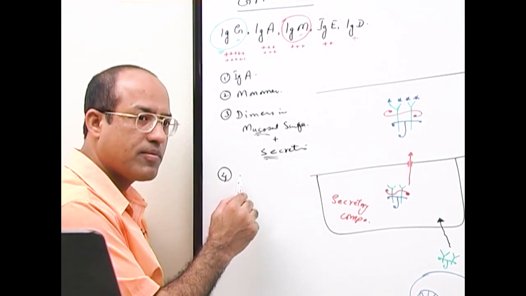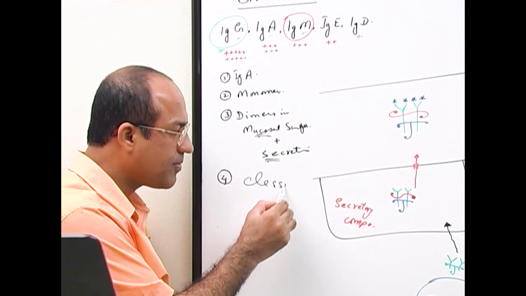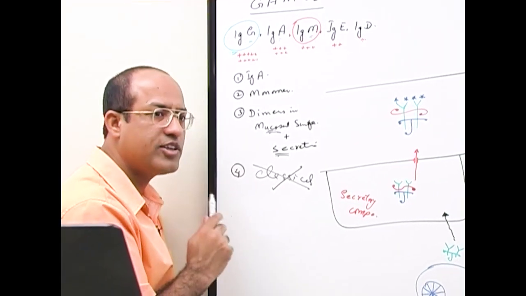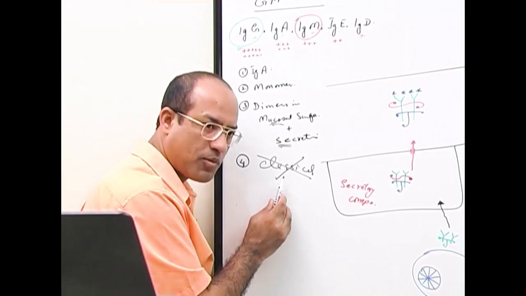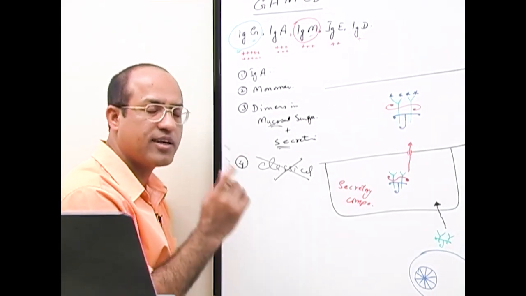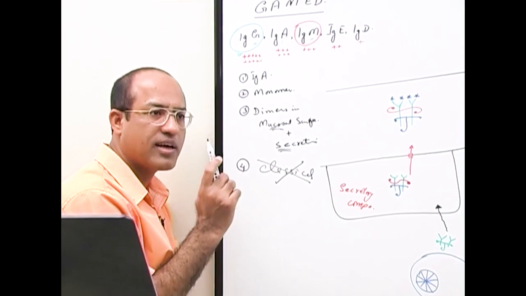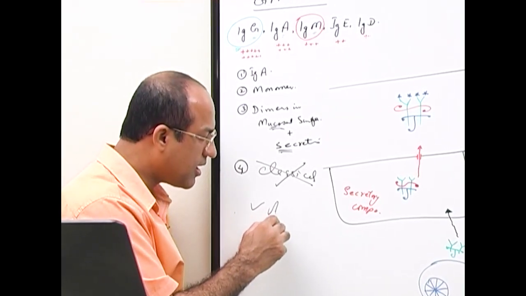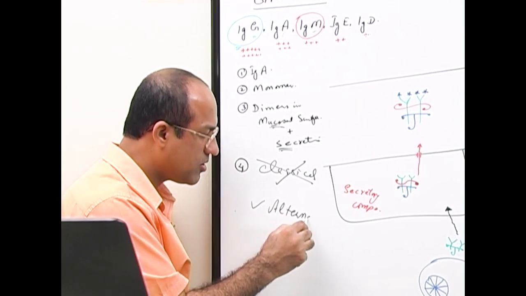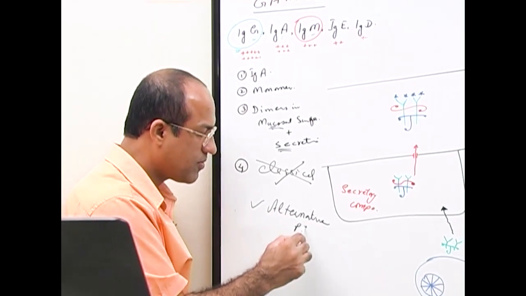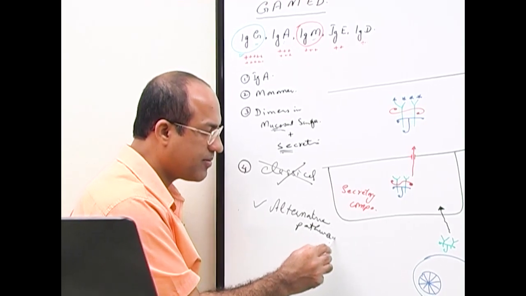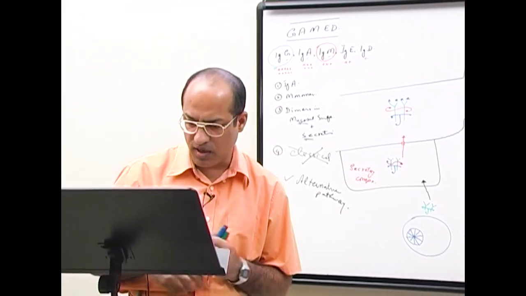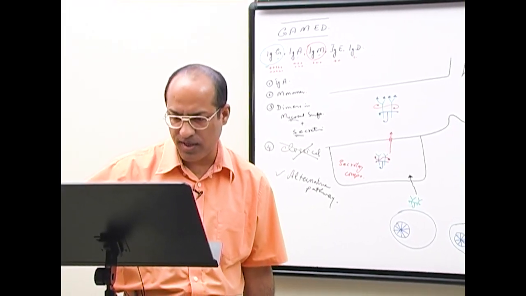IgG or IgM could activate the classical pathway, but IgA does not activate the complement by the classical pathway, but it does activate the complement by the alternative pathway.